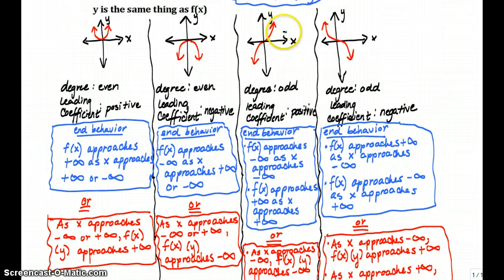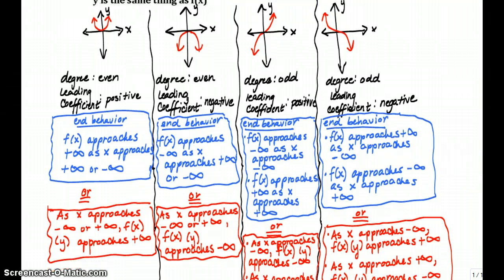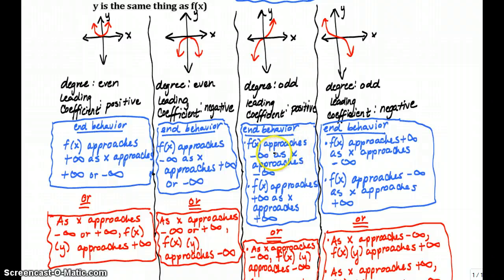And again, this is how the book describes the end behavior. F of x approaches negative infinity as x approaches negative infinity. So as you go towards the negative infinity, your f of x's or your y values are going towards negative infinity.